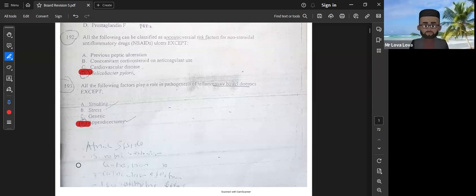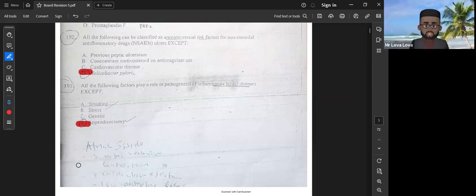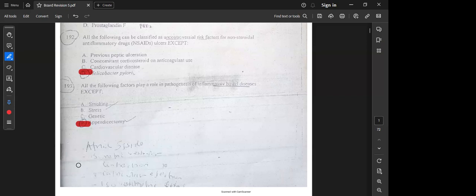So the reason we're saying Helicobacter is the controversial one is that you may not know if it's the NSAID use that caused the ulcer or the Helicobacter. And if the question is uncontroversial risk factors except, the except means which one is the controversial one.